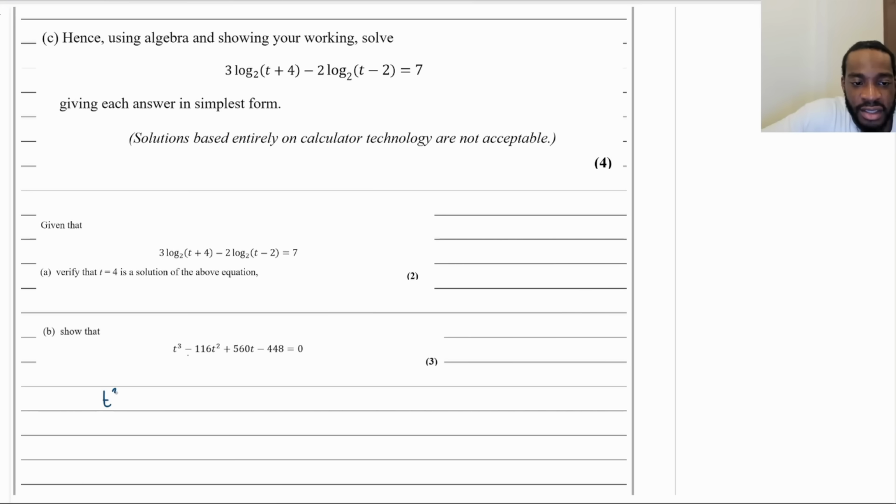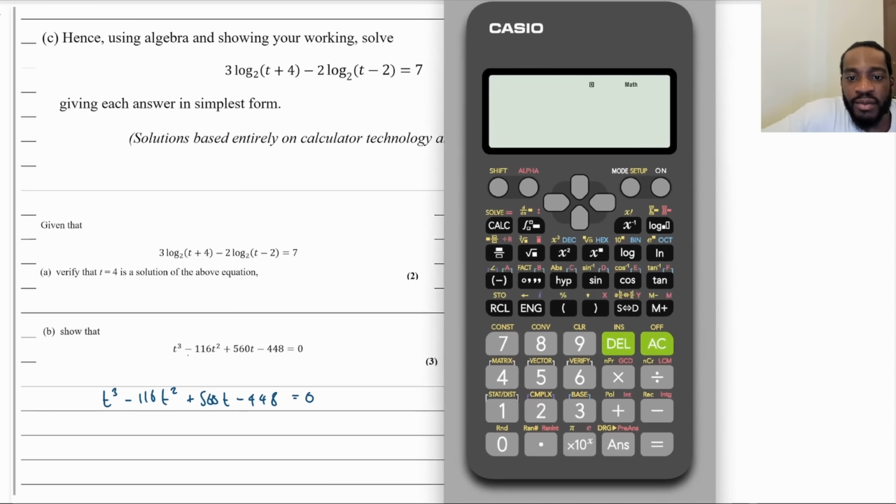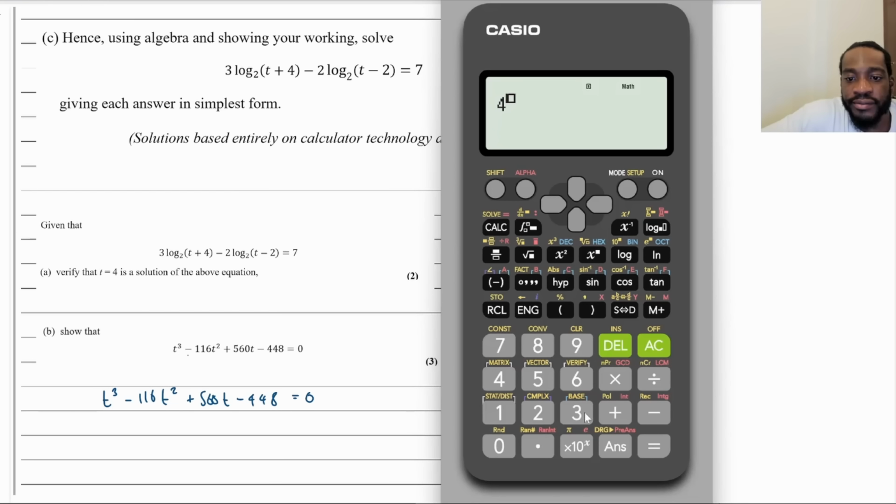So I'm going to write this out again. T cubed minus 116t squared plus 560t minus 448 is equal to 0, okay? And then when I plug in t equals 4 into that, let's just do it just for completeness, right? Plug in 4 into that. 4 cubed minus 116, 4 squared, plus 560 times 4, minus 448.